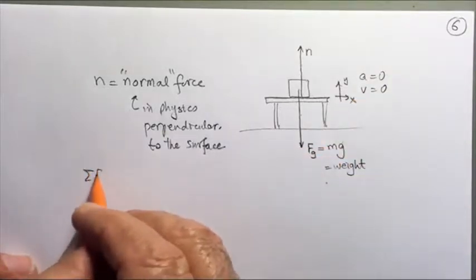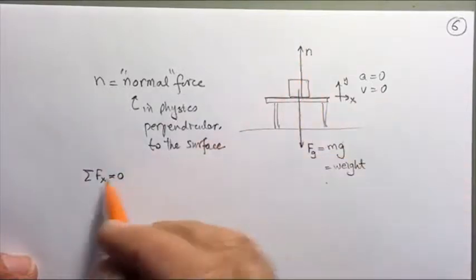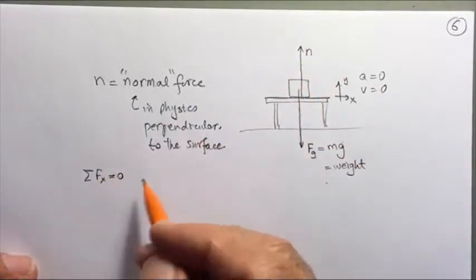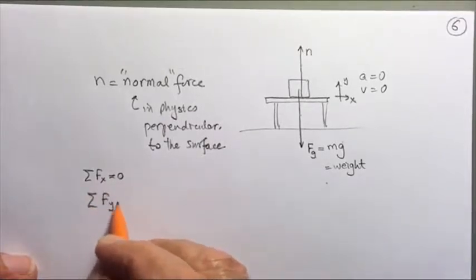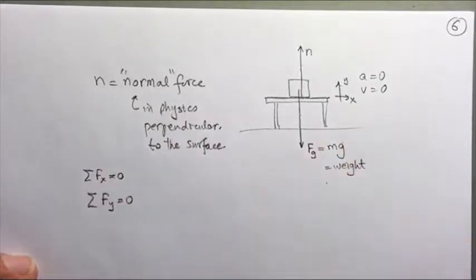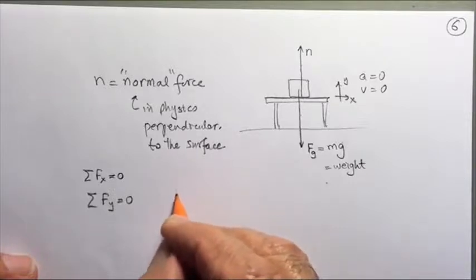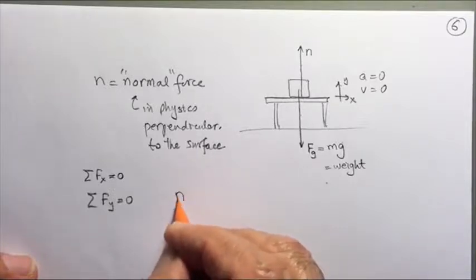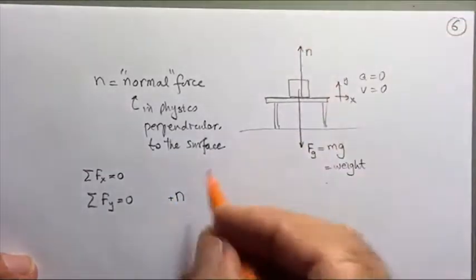Then if you write the sum of forces in the x direction is 0, well, there is no force in the x direction, so there's nothing in here. This equation gives us no information. The next equation would be the sum of forces in the y direction is 0. So we look for all the forces in the y direction, and we see that in the positive y we have the normal force, so we can just write it as plus N, or just N because it's positive.